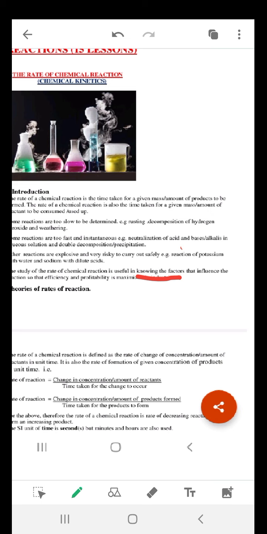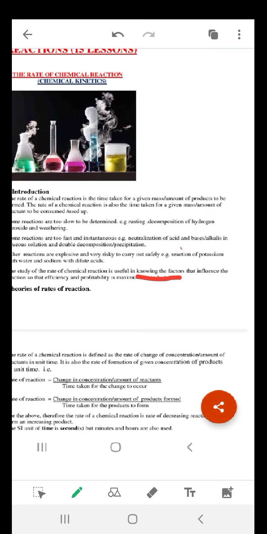In other terms, somebody may define the rate of reaction as a change of concentration, or a change in the amount of reactants in unit time.